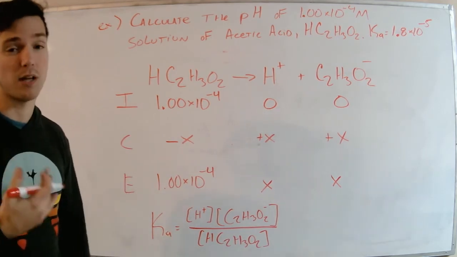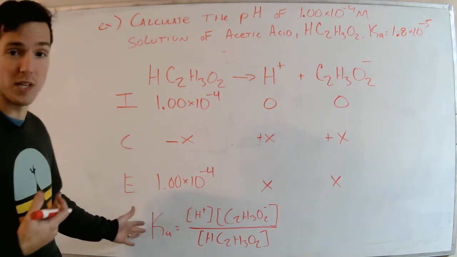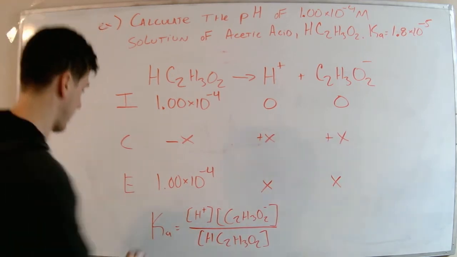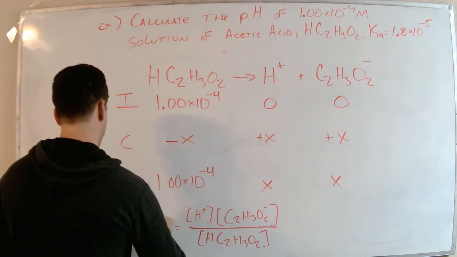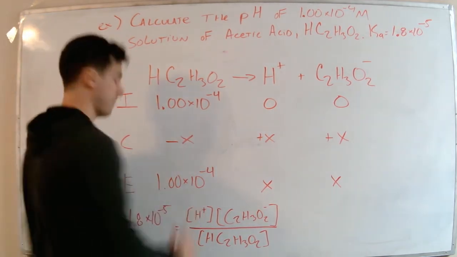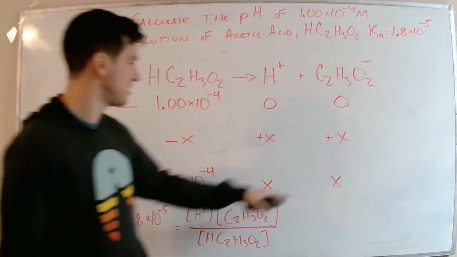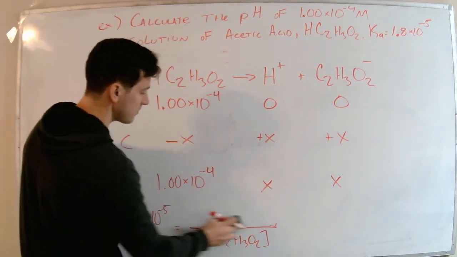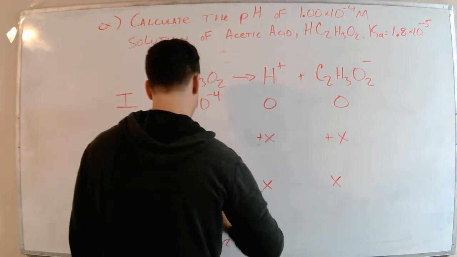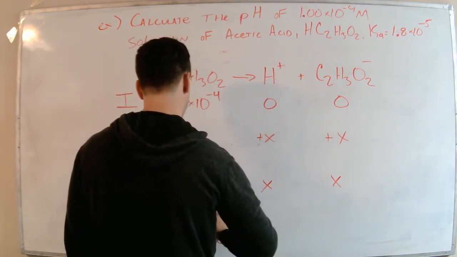And then we just plug in what we know. We could plug in Ka because we know Ka they gave us, which is 1.8 times 10 to the negative fifth. We know H+ and C2H3O2 are both X. I'll put them in parentheses.